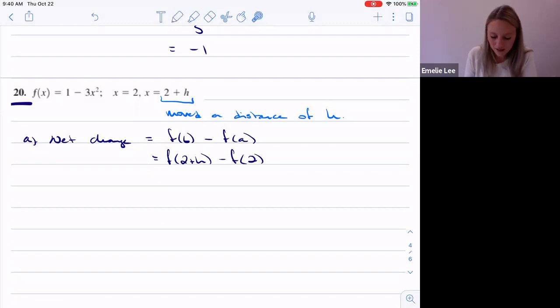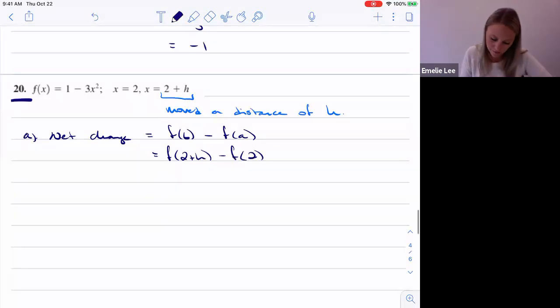You might remember those difference quotients that we were working with. This is part of a difference quotient. It's not important for now, but I'm just pointing out that we've seen something like this before. In fact, we've seen something more complicated than this before.